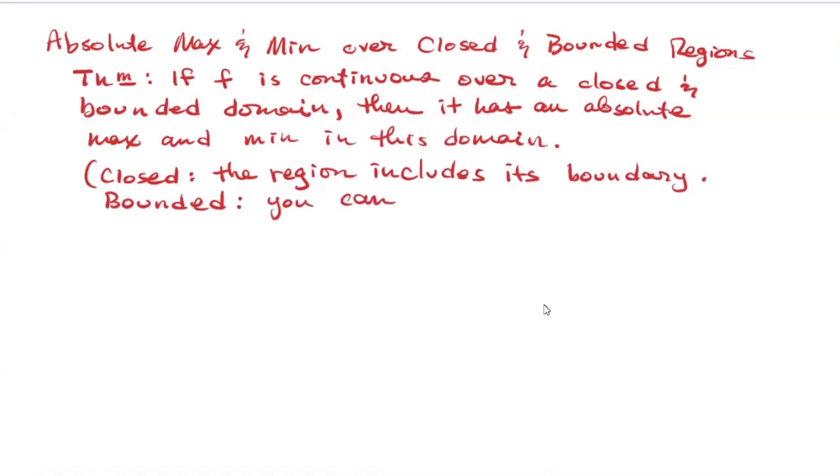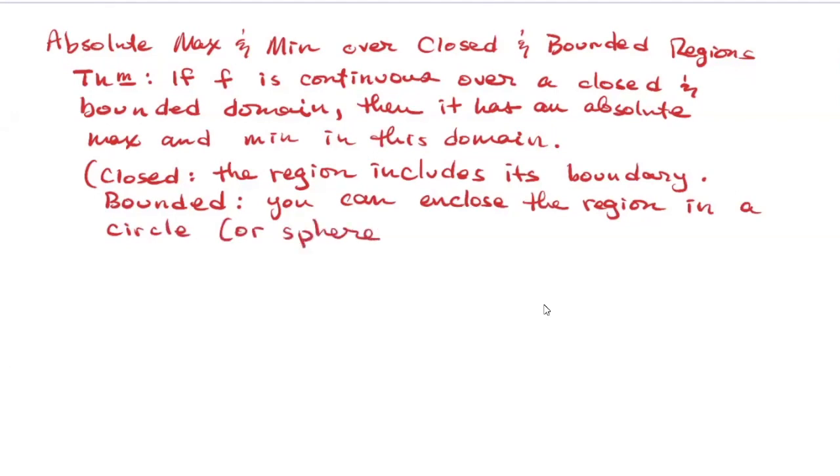If you want to be more precise, you'd say you can enclose the region in a circle, or a sphere if it's three-dimensional, or hypersphere if it's four-dimensional or higher.